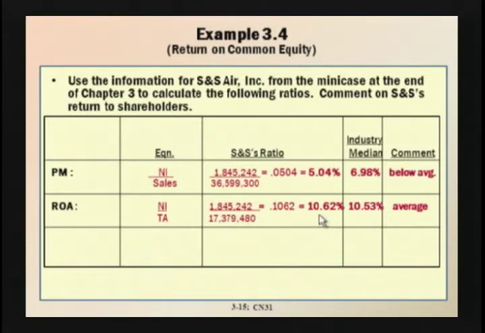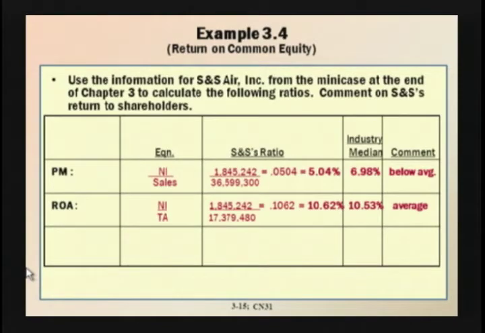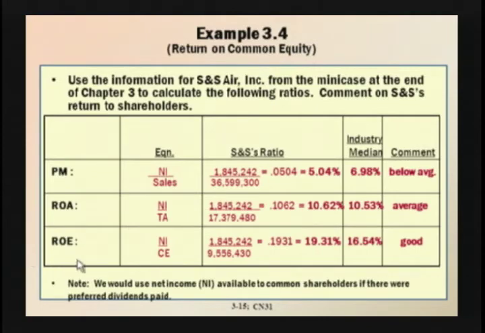And we see that S&S generated 10.62 cents in net income for each dollar invested, which is just about the same as the industry median. So S&S is doing an average job generating net income as a percentage of the total assets that it has employed. Now we'll calculate that third and final profitability ratio, which is return on equity.